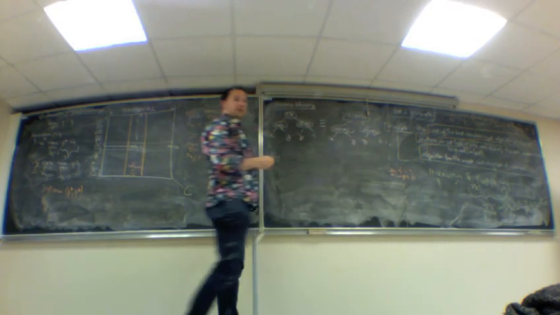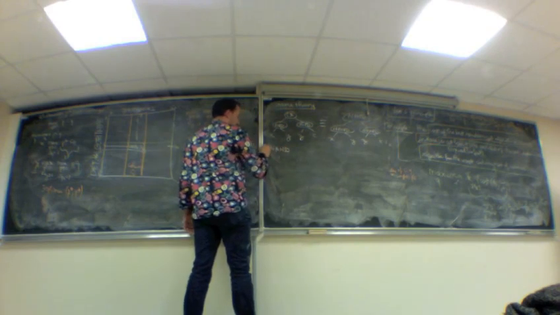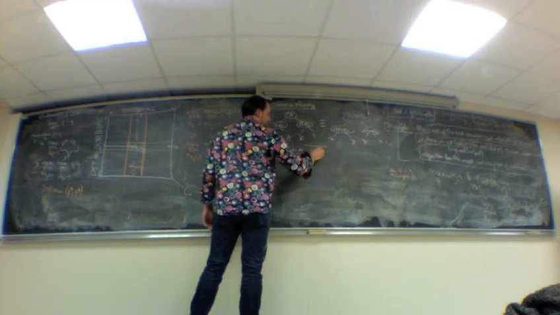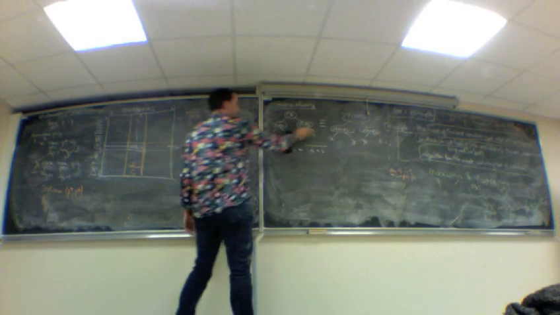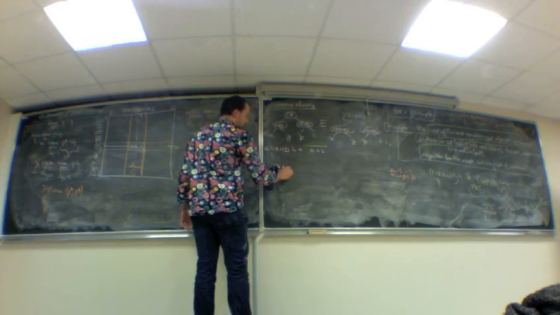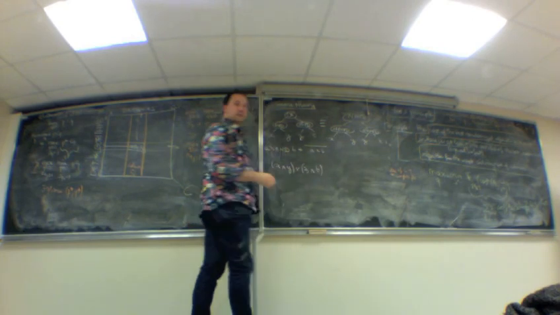What is a NAND gate? A NAND B is simply the NOT of A and B. Okay? So why is it true? It's simply that on the right side, it's X and Y or Z and T. Okay?